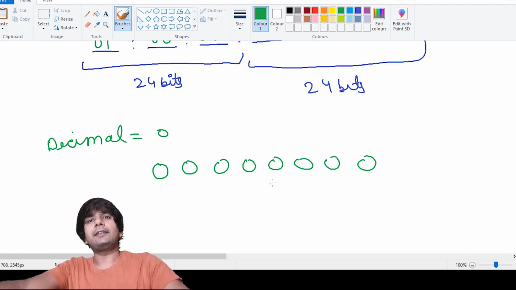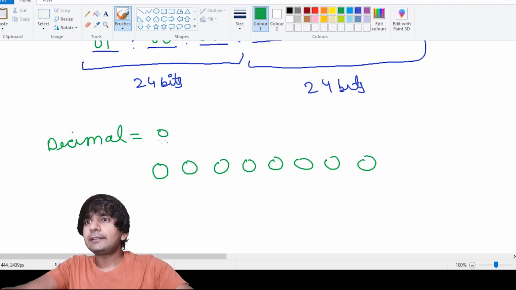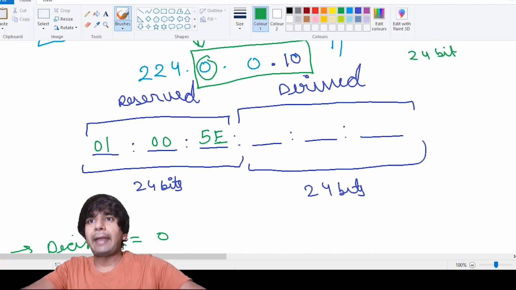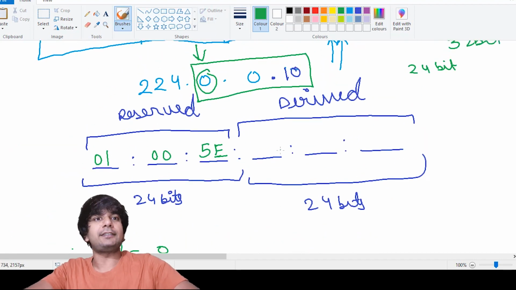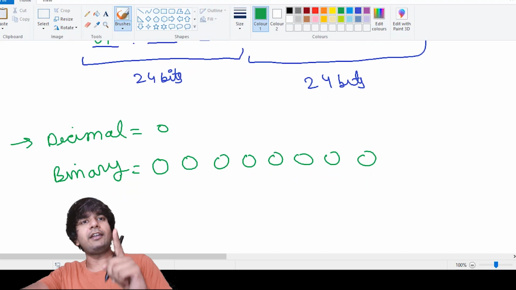Okay, now guys, do you know what is the size of one hex? Wait a minute. This is a decimal value. This is a binary value. And we all know our MAC address is present in hexadecimal value. So now what will I do? Do you know what is the size of one hexadecimal digit?